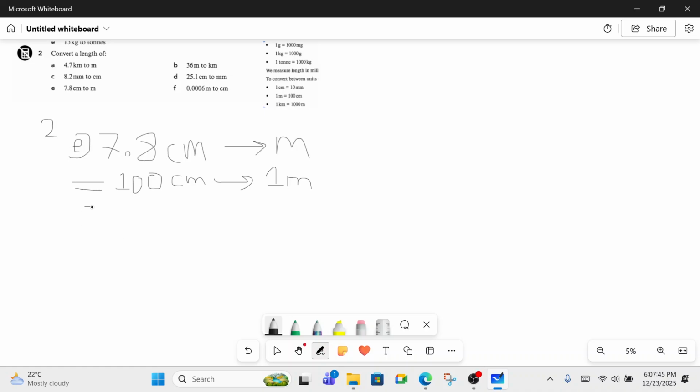So it would be like 7.8 divided by 100, which gives us an answer of 0.078.